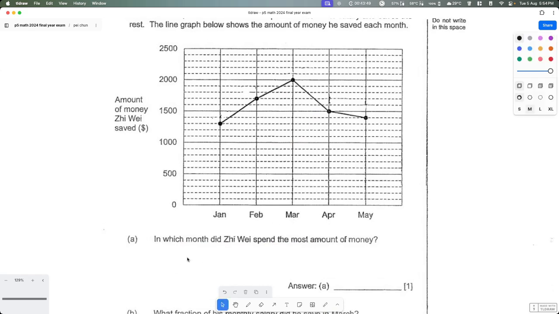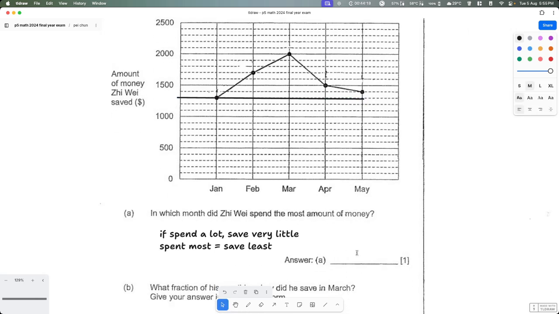If you spend a lot, you save very little. So spending the most equals saving the least. From this graph, where do you think he saved the least? I think you can see. From here, the answer is January. So you just put January.